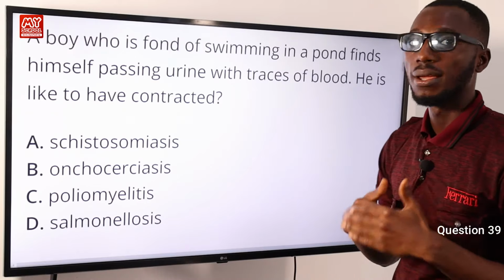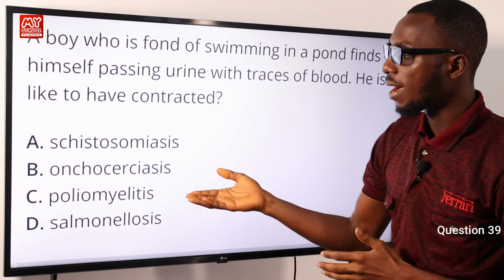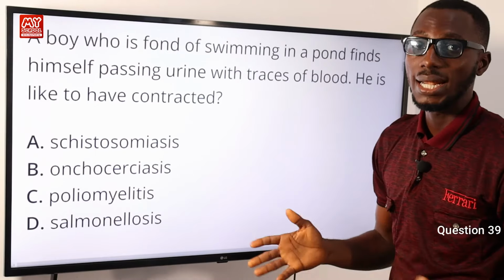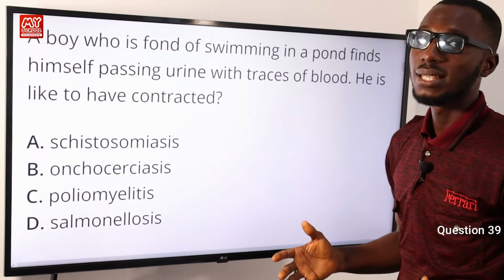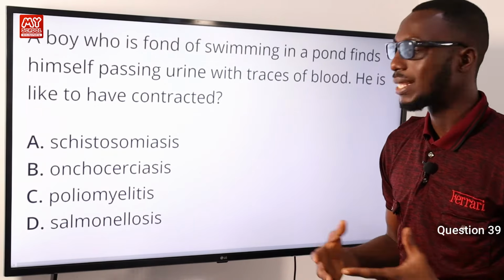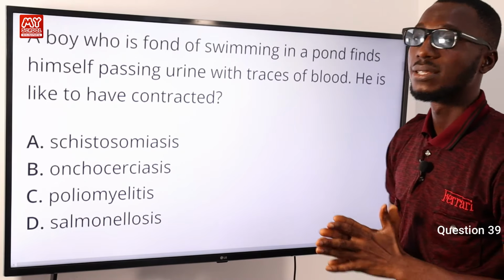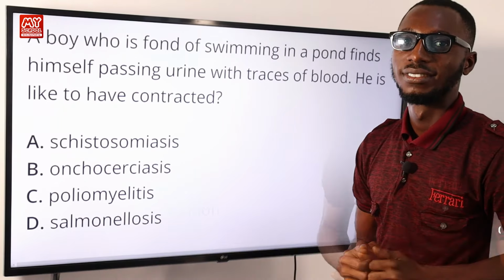This is caused by repeated bites by black flies. Then we have poliomyelitis. This is also known as polio. This causes paralysis if it is not properly taken care of or vaccinated. Then we have salmonellosis, from salmonella, that is bacteria. So the correct option is option A.